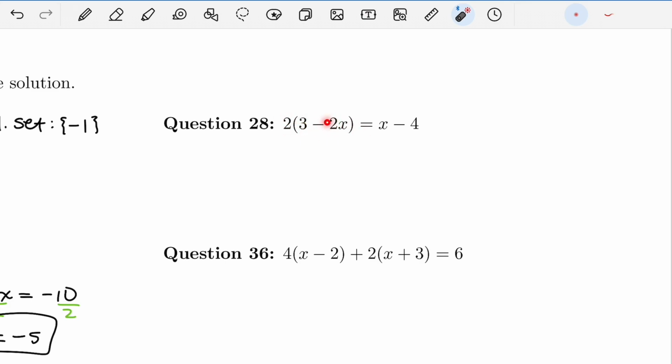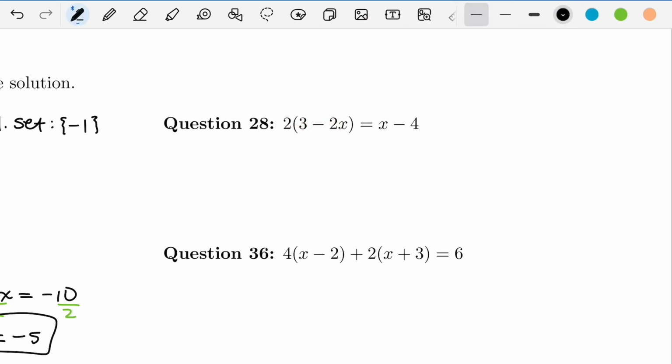But notice we don't have like terms here. We have a 3 and a minus 2x, so we can't combine these. So we're going to use our distributive property and distribute this 2 to both terms inside our parentheses. So we have 2 times 3, and then we have minus 2 times 2x.